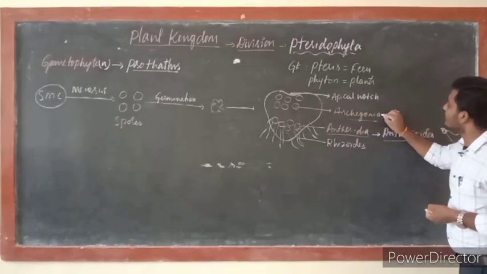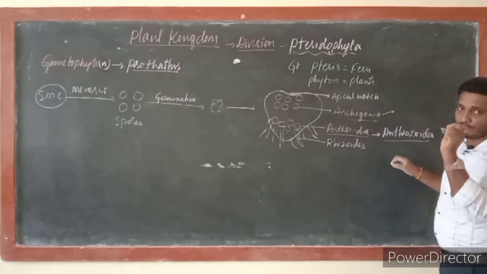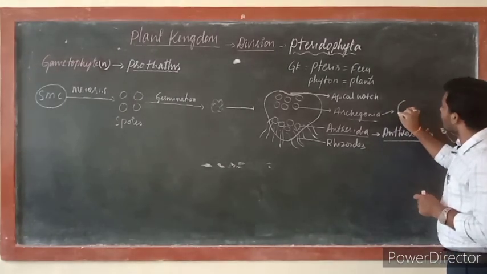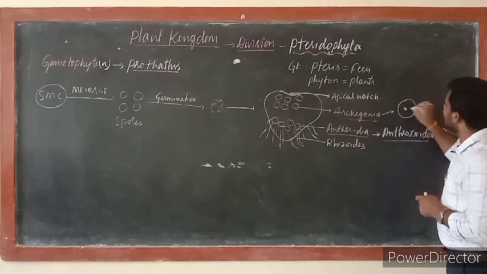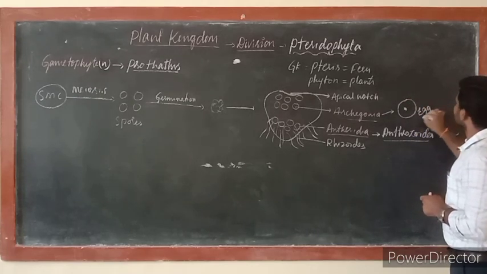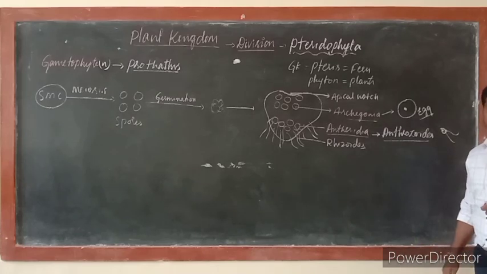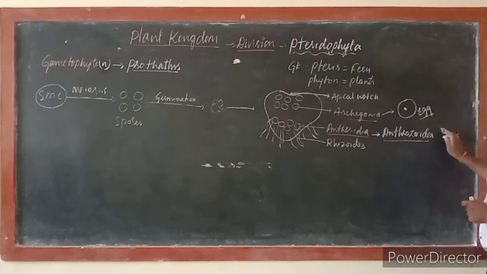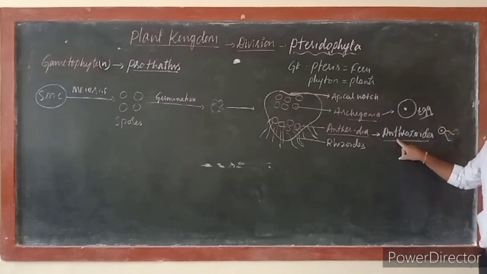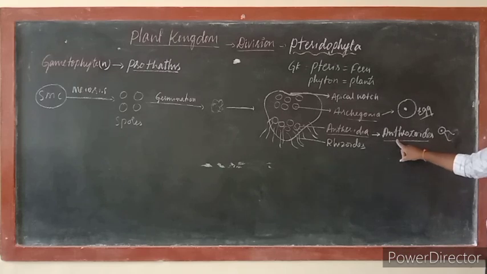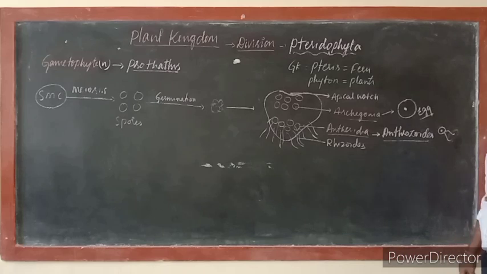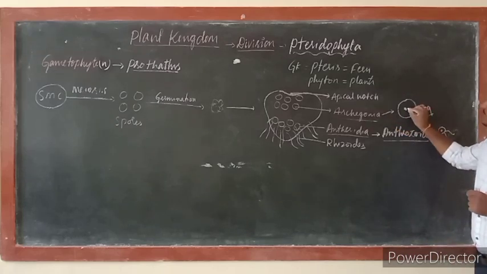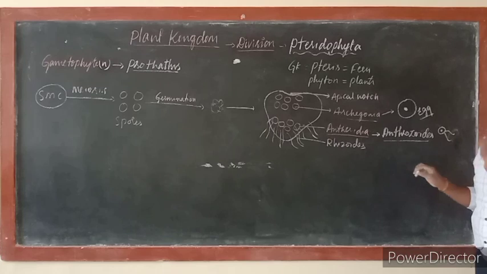In the archegonia, there is formation of the female gamete called the large non-motile egg. The male gamete is called antherozoid, or biflagellated sperm. Many antherozoids are formed, and the archegonia produces a single ovum.